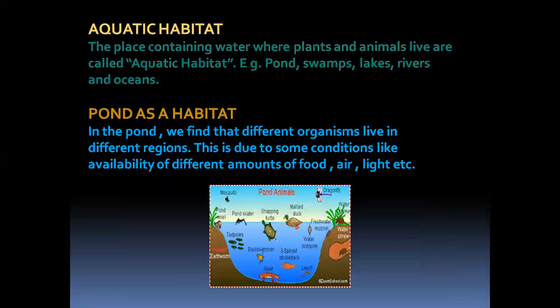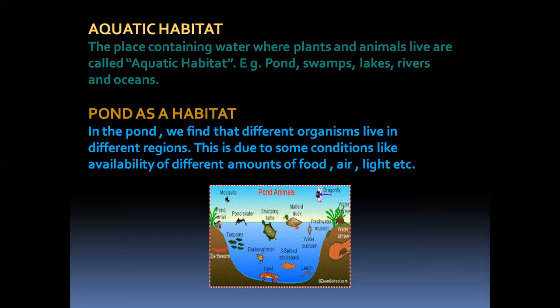Now let us learn what is aquatic habitat. The place containing water where plants and animals live is called aquatic habitat. Example: pond, swamps, lakes, rivers, and oceans. Pond as a habitat.